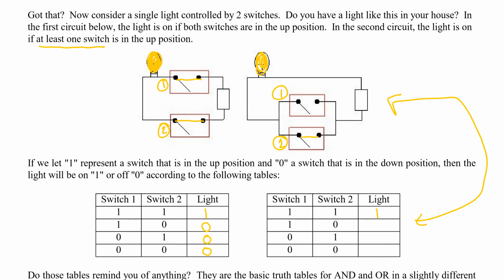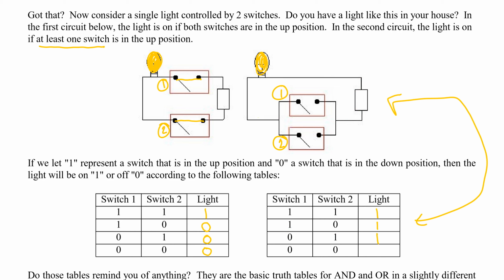Now, the second option will say switch 1 is up and switch 2 is down, as we have right here. We still have a closed loop, so the light would be on, and we will code that as 1. Next possibility, switch 1 is down, switch 2 is up. So we have created a closed loop, therefore the light is on, coded as 1.